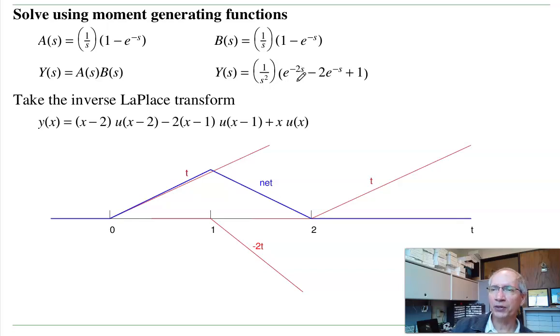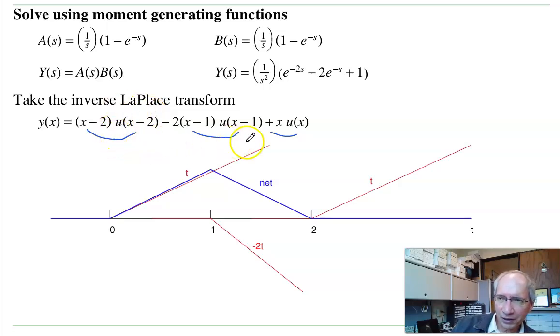Take the inverse Laplace transform. 1 over s squared is t. Delayed by 2 seconds, this is minus 2t. Delayed by 1 second, this is t, or x. So that's the inverse Laplace transform. That's the PDF.